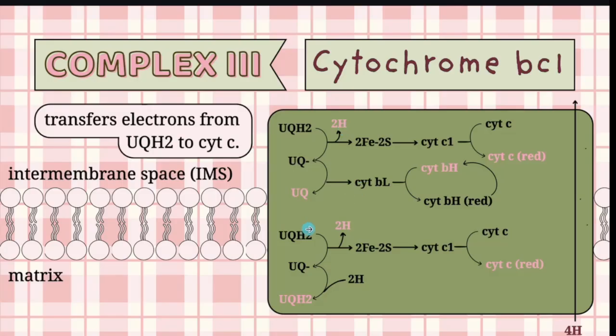Now, the second round involves another dihydroubiquinone, and it's going to do almost the same thing. It's going to donate 1 electron to the iron sulfur cluster, which donates the same electron to cytochrome C1, which finally donates it to cytochrome C. Now the product is going to be hydroubiquinone, which will receive an electron.